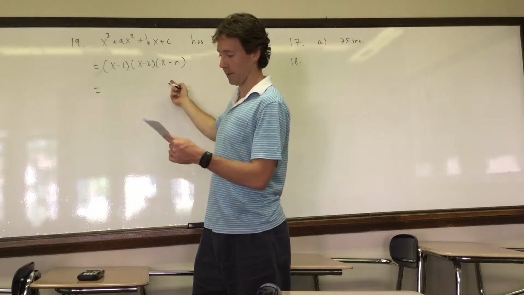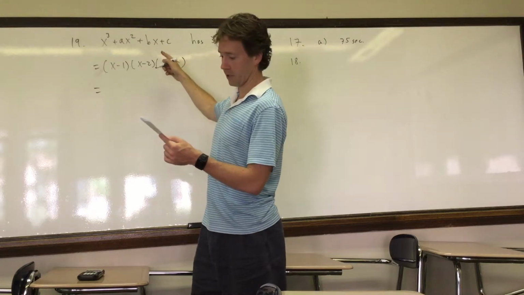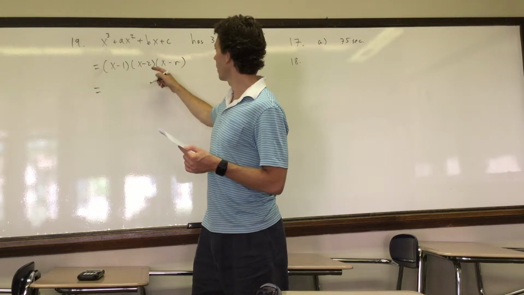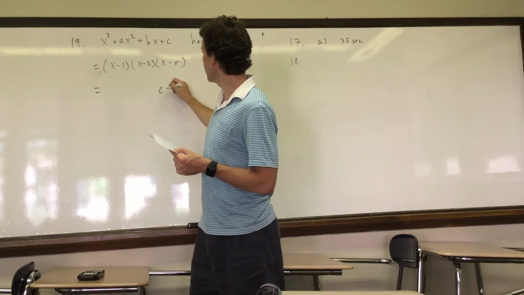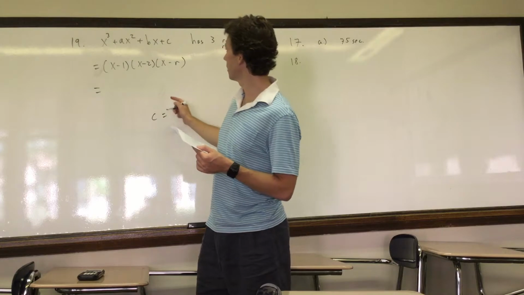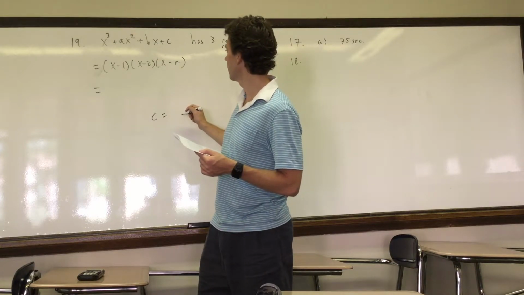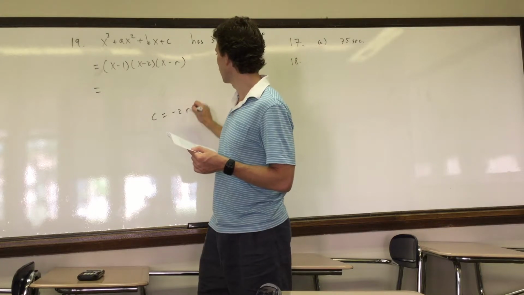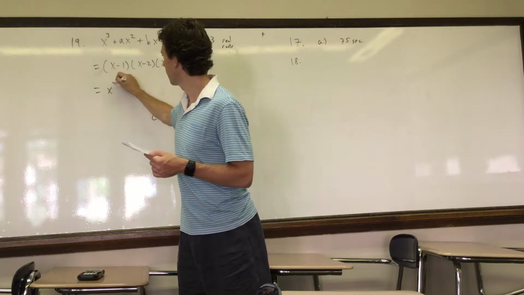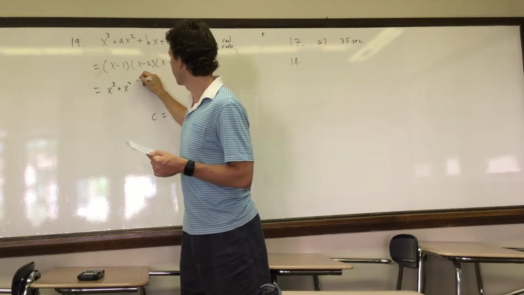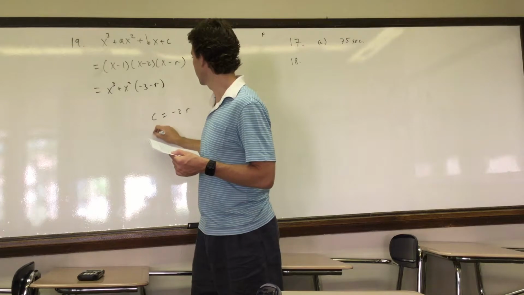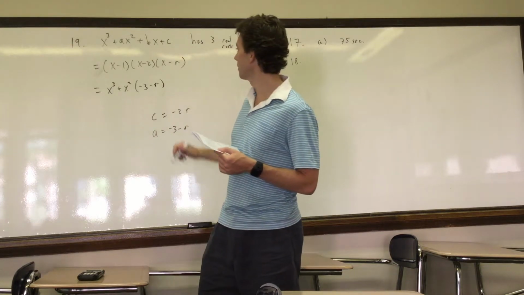I guess I can start to multiply this out, but I have some options here. C equals 2a plus 6. Well, we're not quite sure. What I can say is that c for sure equals negative 2r, whatever that third root is. a equals -3 minus r.